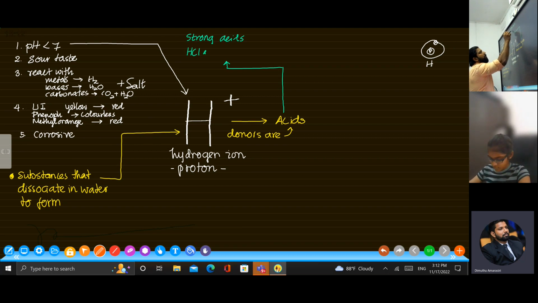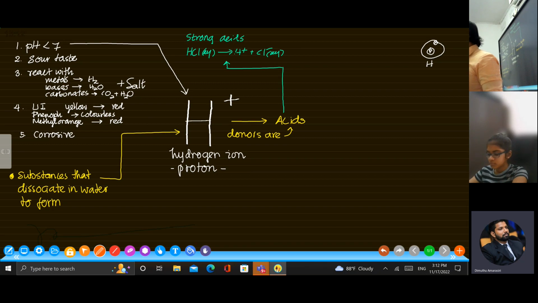Acids which dissociate fully to give H plus ions and the respective anion. Tell me, what are the three main example strong acids in our syllabus? HCl, nitric and sulfuric. How do we know whether they are strong acids or not? And these are the strong acids.